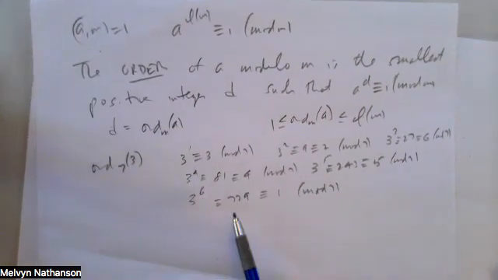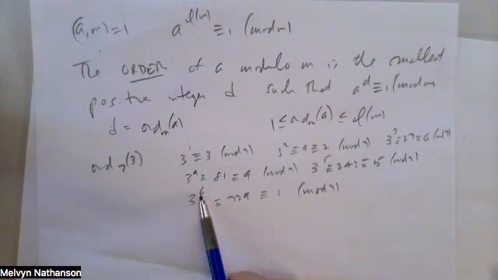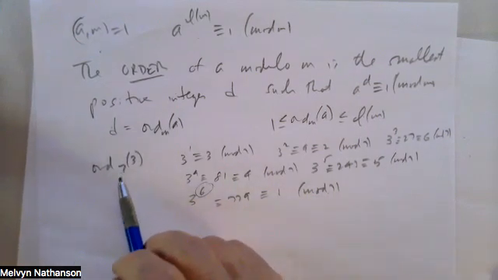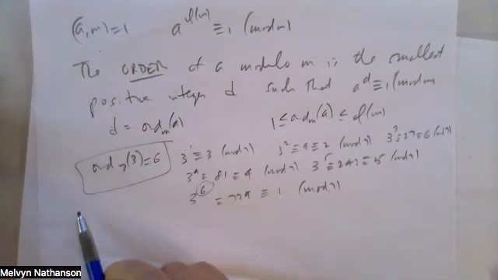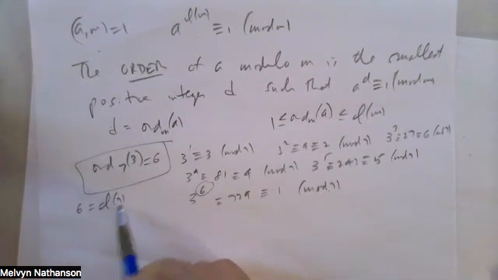So the smallest positive power of 3 congruent to 1 mod 7 is 6. So the order of 3 mod 7 is equal to 6, which is, as it turns out, phi of 7.